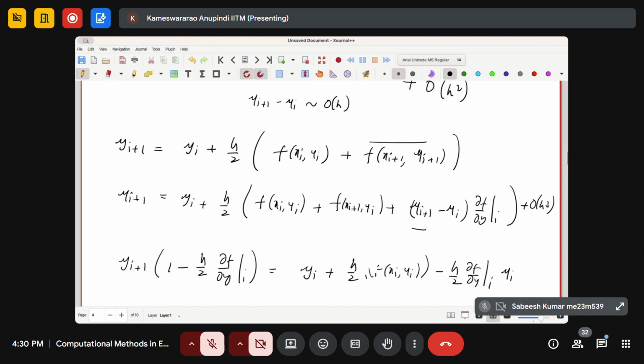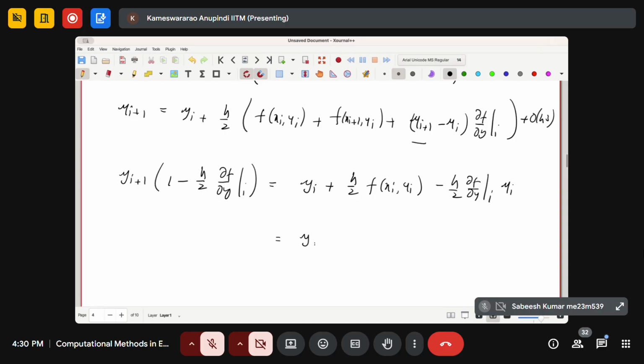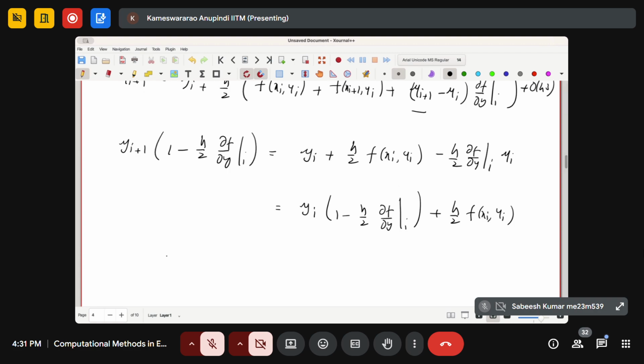So I don't need these brackets. That means on the right hand side I can also write y_i times 1 minus h by 2 partial f by partial y at i, plus h by 2 times f of x_i, y_i. Is it correct? Did I miss something?